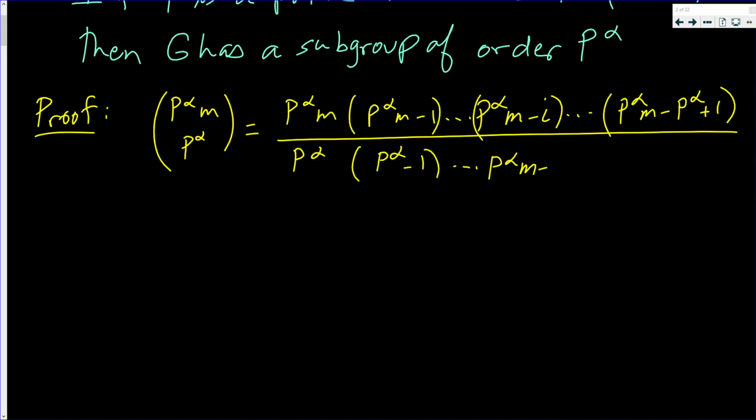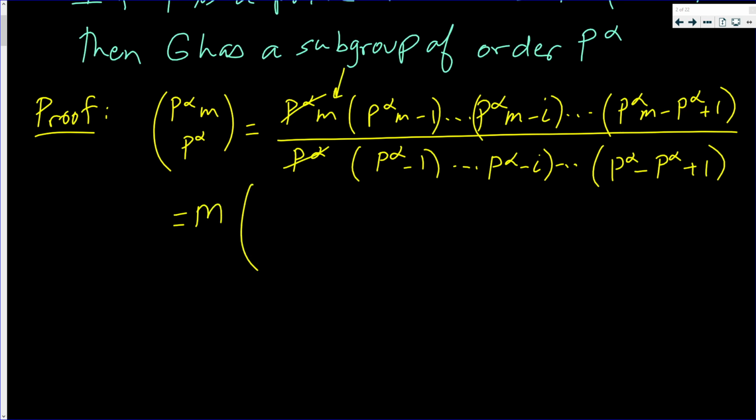p to the alpha minus i, and eventually down to 1, which I'll write this way, p to the alpha minus p to the alpha plus 1. Now, clearly, this cancels out. So, we have that m. And we can look at this as a product of fractions. I'm just going to group them this way.